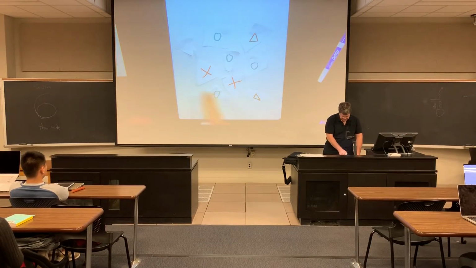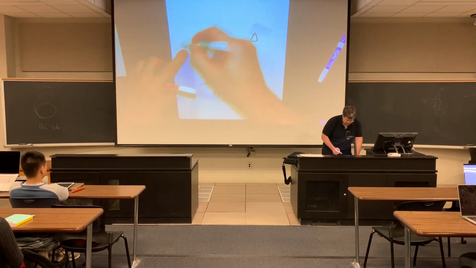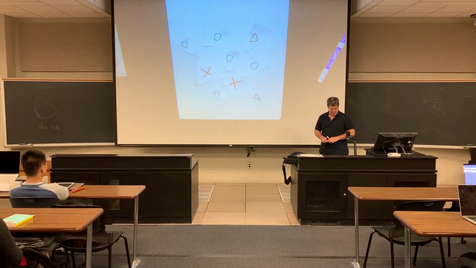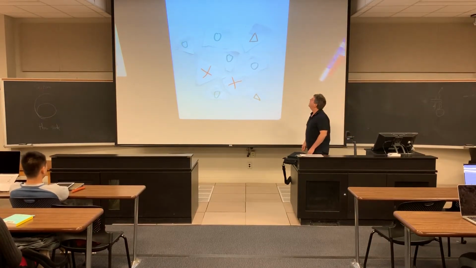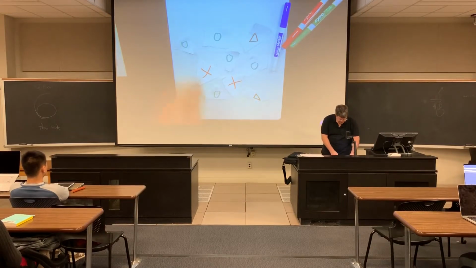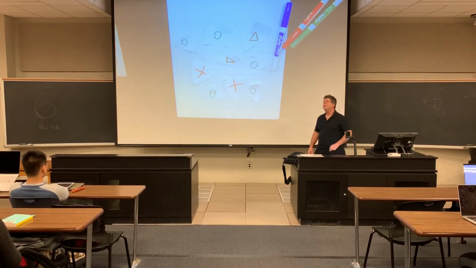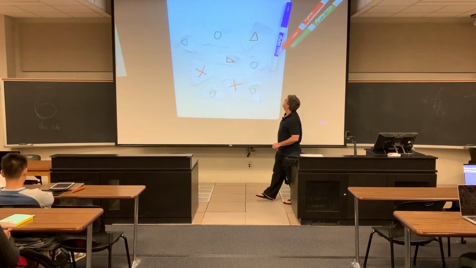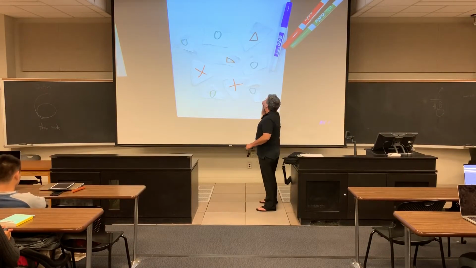One, two, three, four, five, six, 7, 8, 9. And let's keep the circle a majority. But now there's a couple of triangles too. Yeah, so the green circle is the majority.